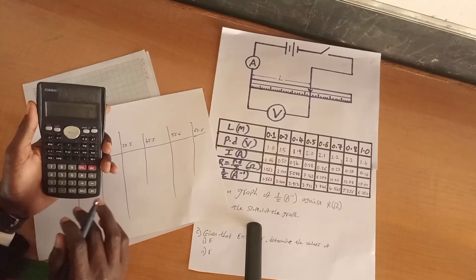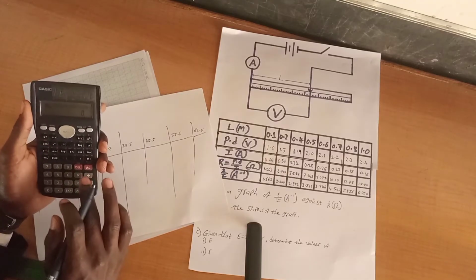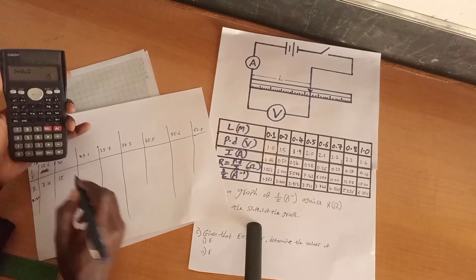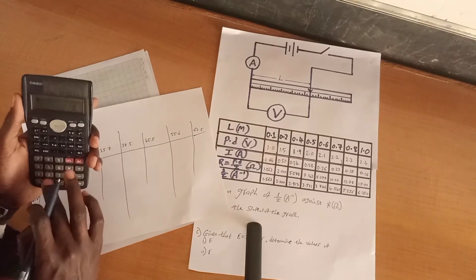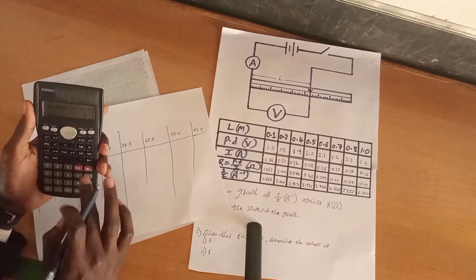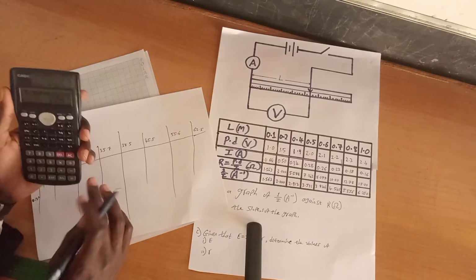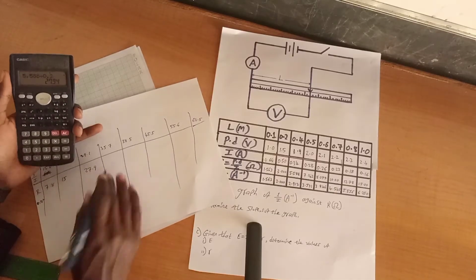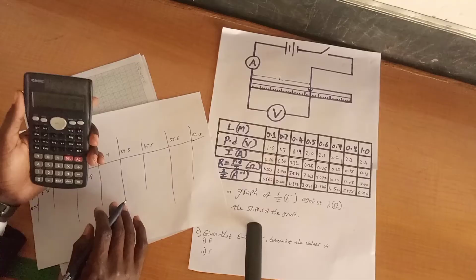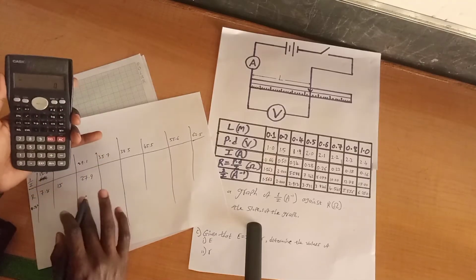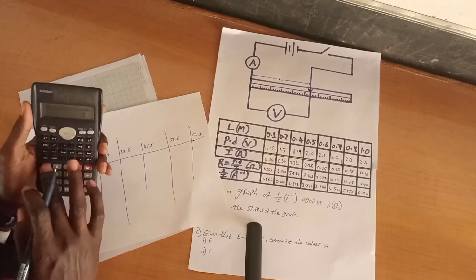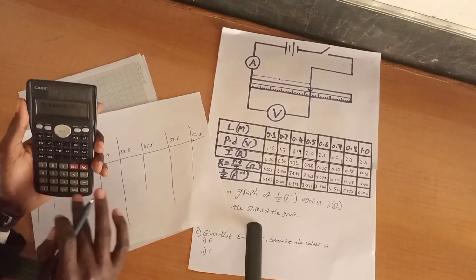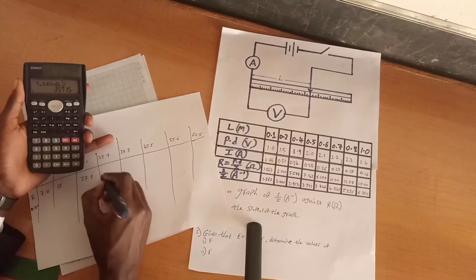Then we have 3 divided by 0.2, 15 squares. 5.588 divided by 0.2, 27.9 squares. Then we have 7.143 divided by 0.2, 35.7 squares.